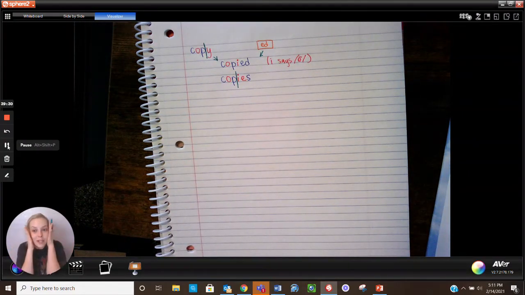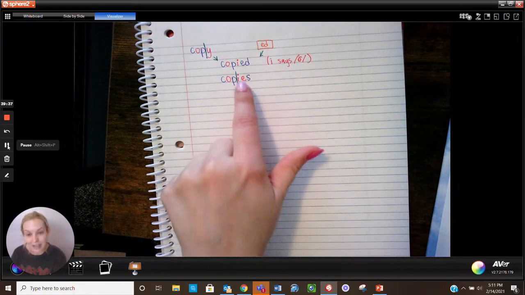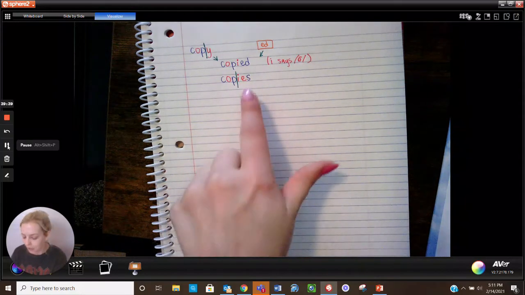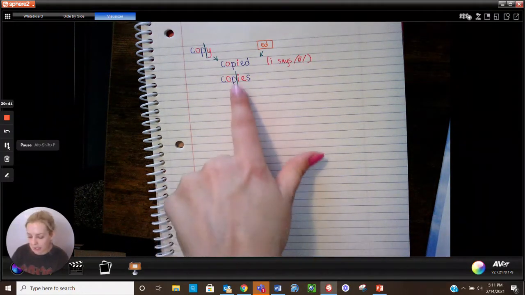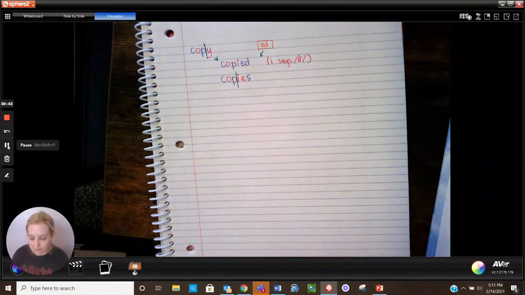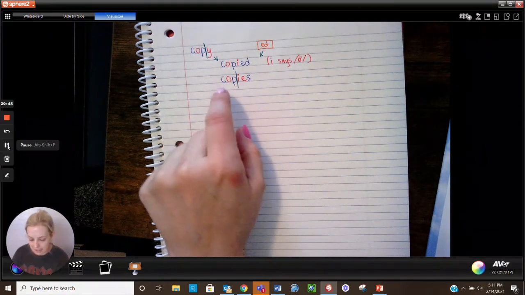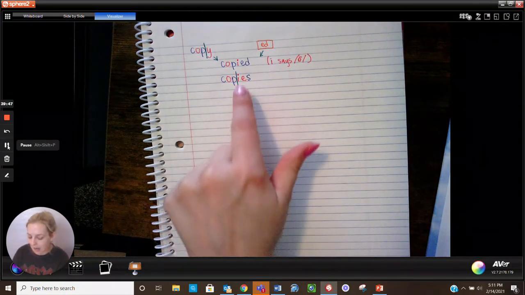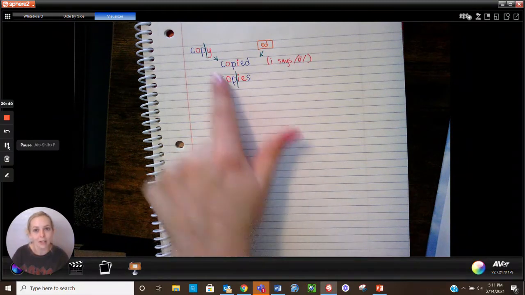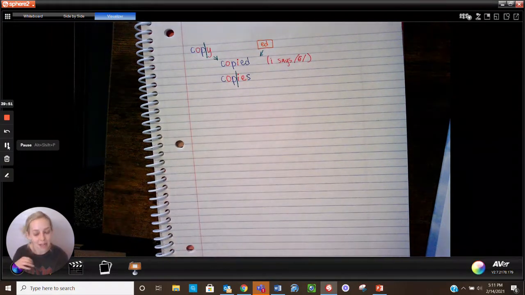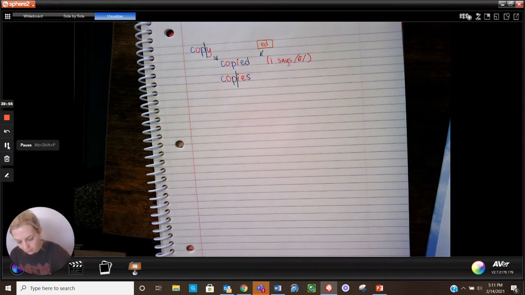Short vowels are always closed. Very good. What do you notice about the I and Y in copies? Y changed to I, and the Y said E, and I also said E, right? Copy, copies. The sound stays the same. Very good.